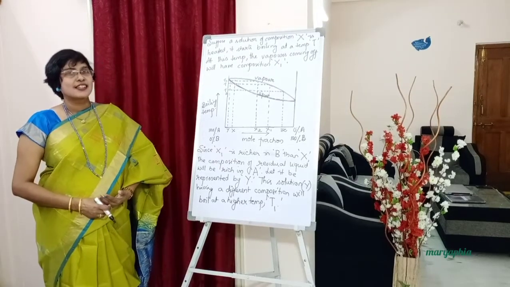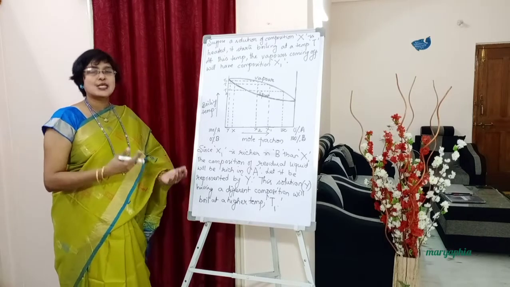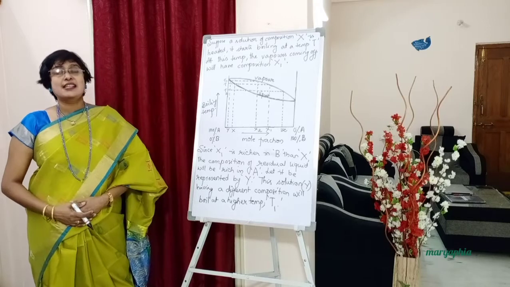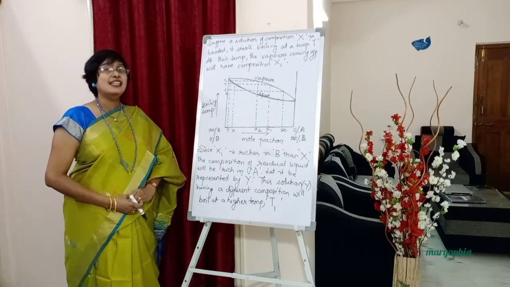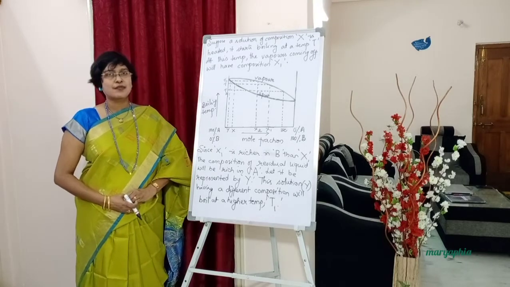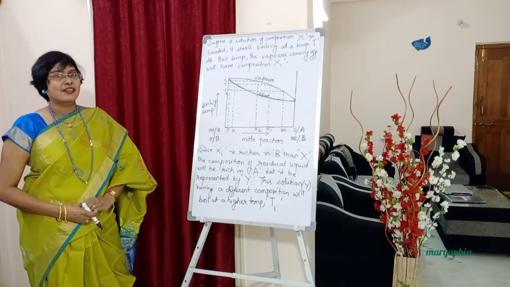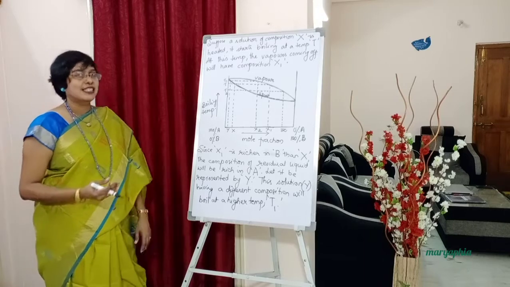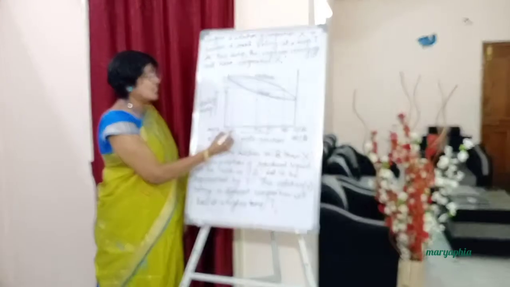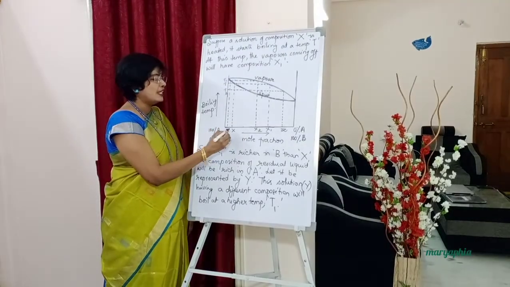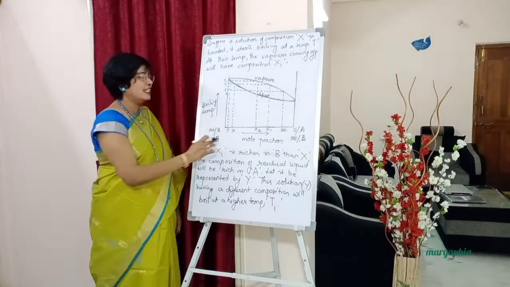Okay students, below the graph we can start writing. What do we actually observe when we take two liquid components and check their boiling temperatures in liquid and vapor phases? First and foremost, let us take the solution having the composition X. Almost A might have come to 90% and B might have come to 10% here, students.